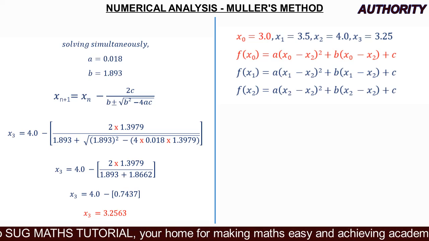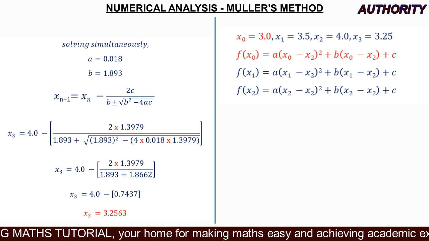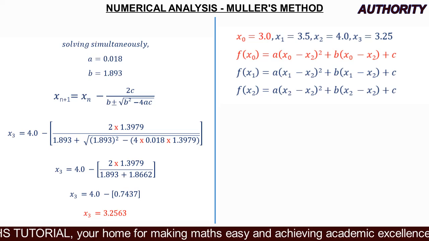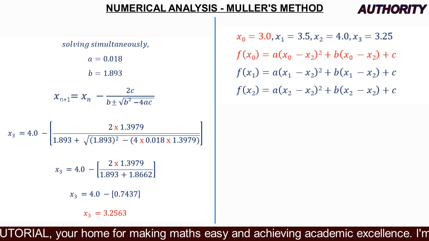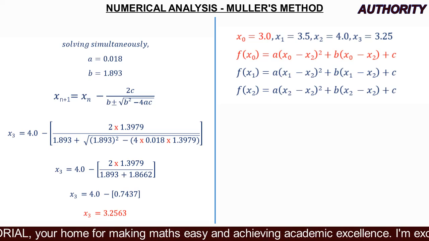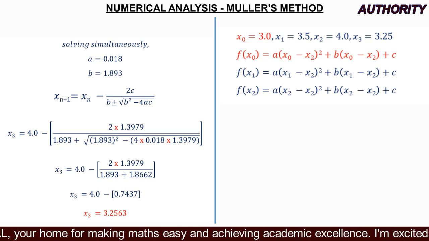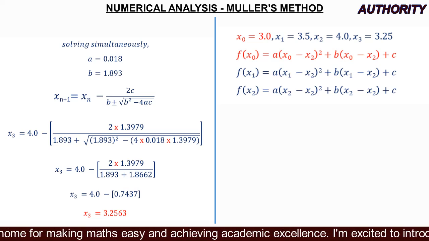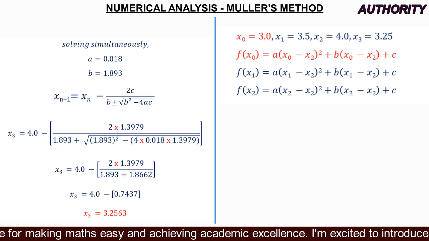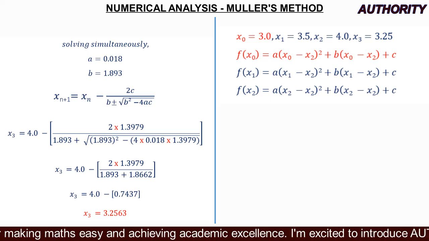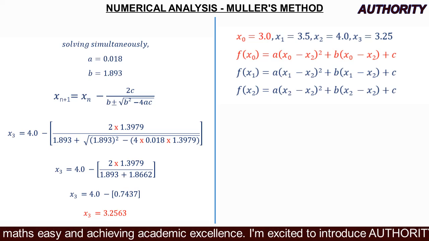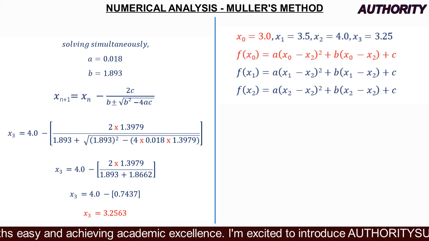So what are we going to do? We are going to eliminate x0. In the new formula, we are going to have f of x1 instead of f of x0. We are no longer working with x0.